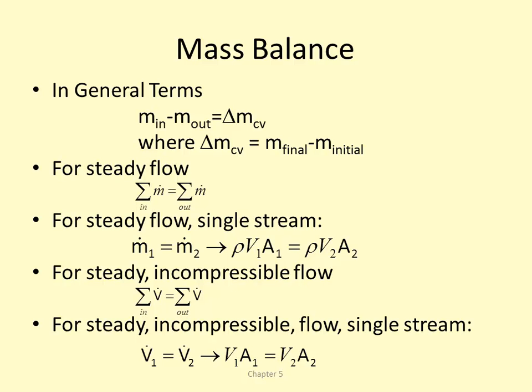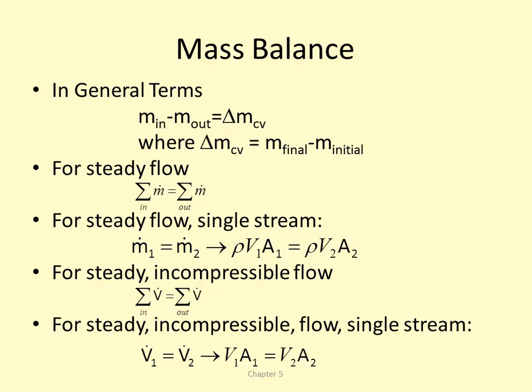We can perform a mass balance. So in general terms, m in minus m out is equal to the change in the mass of the control volume. For steady flow, m in is equal to m out, meaning that the mass in the control volume does not change. For steady flow single stream, we just have m dot 1 is equal to m dot 2, where this is in and out, which is also equal to the density times the velocity times the cross-sectional area of the flow.